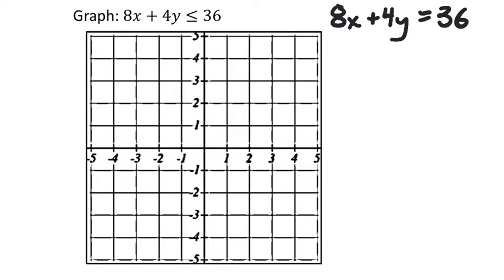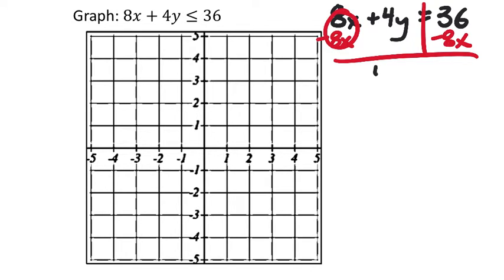I'm just looking for the line that would be created from this equality. So that means I'd have to subtract 8x from both sides. Do you have to do it this way? No, like I said, you can use a table or just use the x and y intercepts if you'd like. So that becomes then 4y equals, keeping this in slope-intercept form, -8x, and then plus 36.